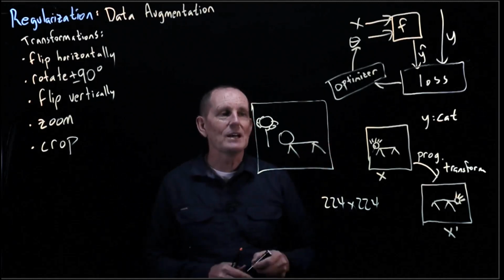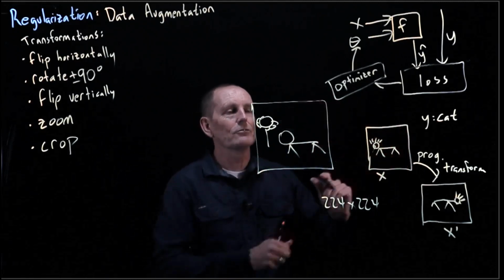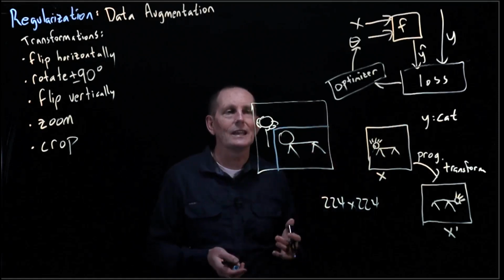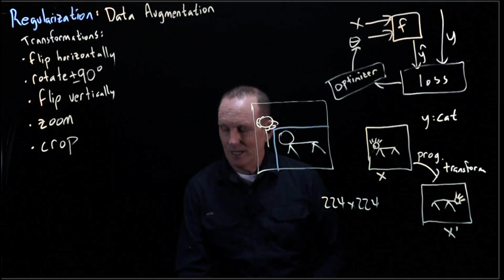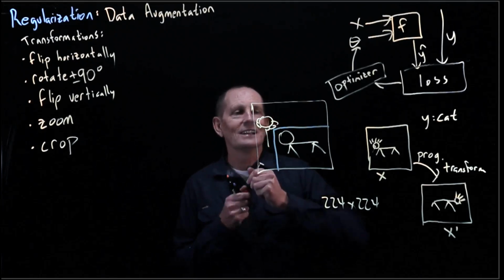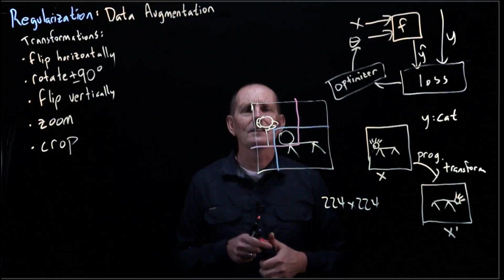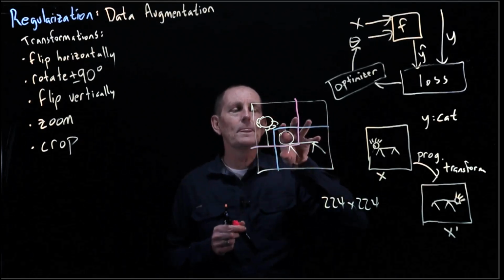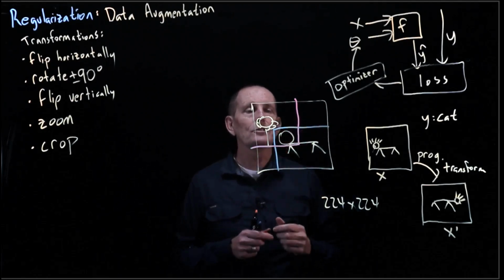We have various possibilities. We could just shrink this image directly to 224 by 224, or we could crop out certain parts of it. Like we could take that part, which happens to be all cat. We could take out a different part, like let's say this one, which happens to be cat head plus whatever that thing is, a flower or a tree. So we can do quite a few different croppings in here. And then we could also do zooming.